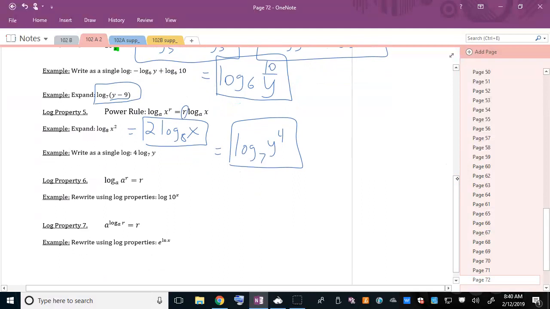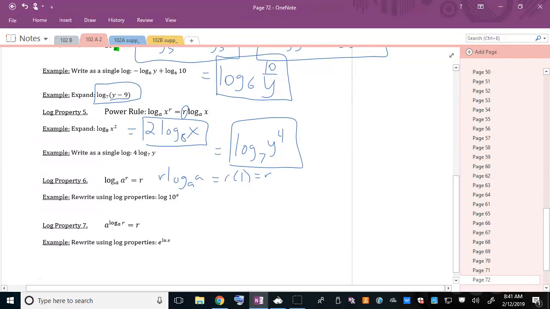Now, my next property is actually just a combination of the one I just hit and the second one, but because we see it so often, we do write it as a separate property. So log base a of a to the r, you could think I pull the r out in front to get r times log base a of a, but log base a of a is 1, so I do just get r out.